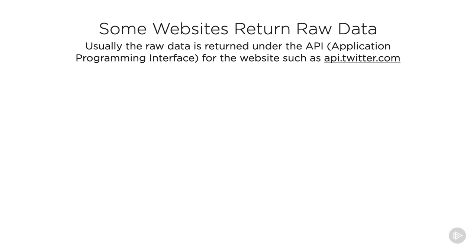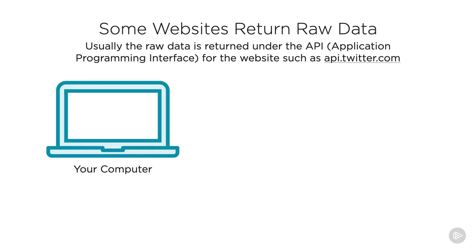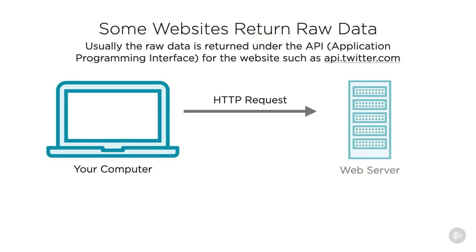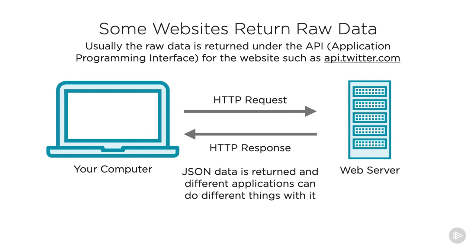For instance, Twitter has an API at api.twitter.com. In this case, an HTTP request is sent to the web server, and the HTTP response is returned, but now raw data, in JSON format in our case, is returned, and then different applications can do different things with that data. The program we're making is going to read the raw data and list the current people in space.